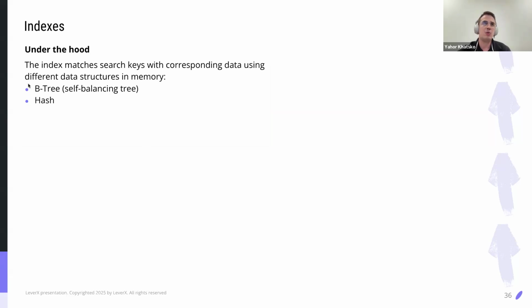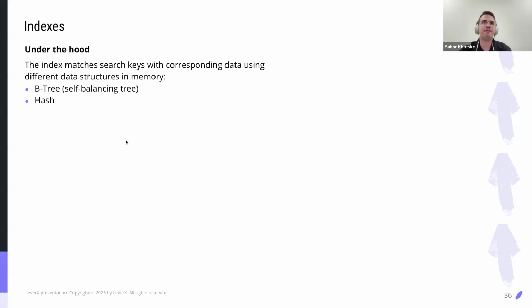When you insert something, it will automatically insert that row into the structure, and when you're doing a search, it will use this structure to speed up the search. Also, it could be a hash. There are different variants of indexes that you can introduce here.